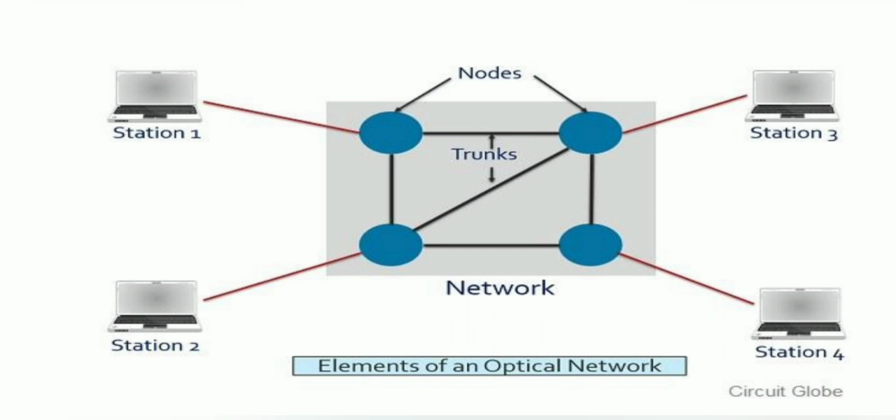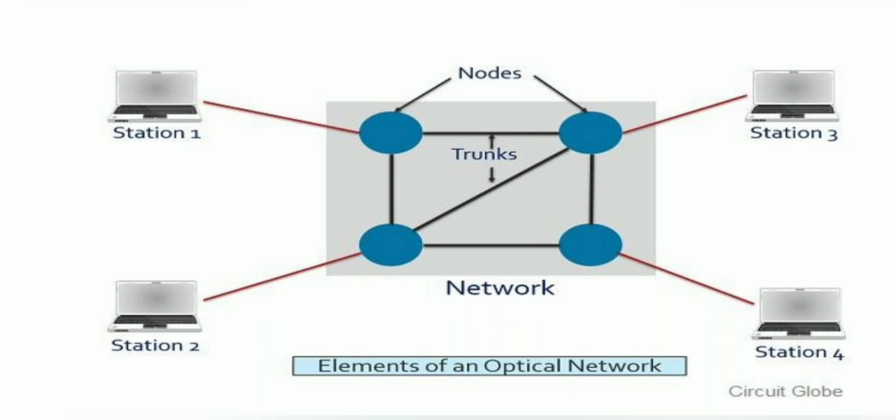Topology. When multiple fiber cables are employed in an optical network, they are connected through nodes, but the way in which the multiple nodes are connected together denotes the topology of the network.